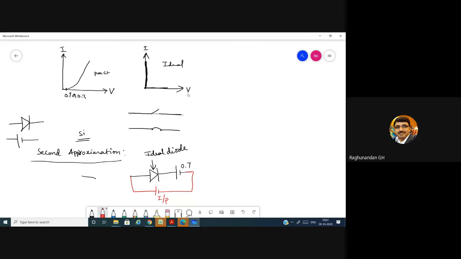In network analysis and all, you have seen when two power supplies or two sources are there, from which direction the current will flow.